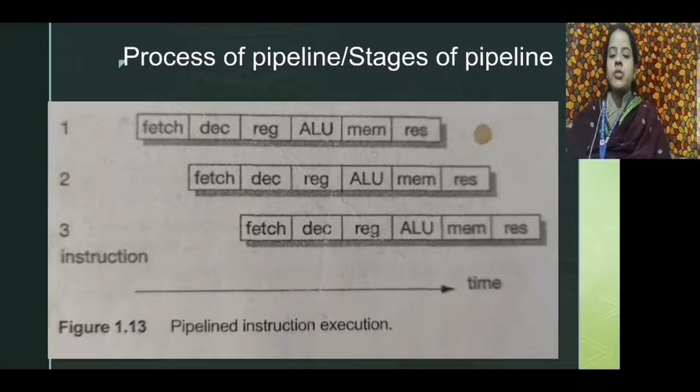In this case also, the job starts before the completion of job 1's execution. Similarly, job 3 starts its execution before the completion of the second job. So this is the concept of the pipelining process.